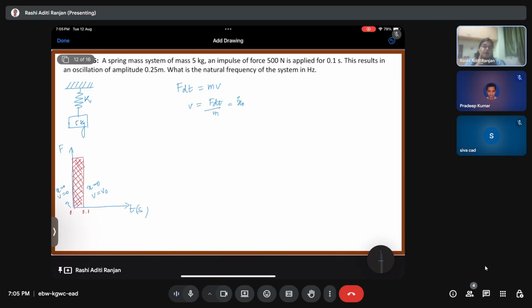If you remember, when we were solving the case of an undamped spring mass system, we first derived the equation of motion, and from that we derived the analytical solution.